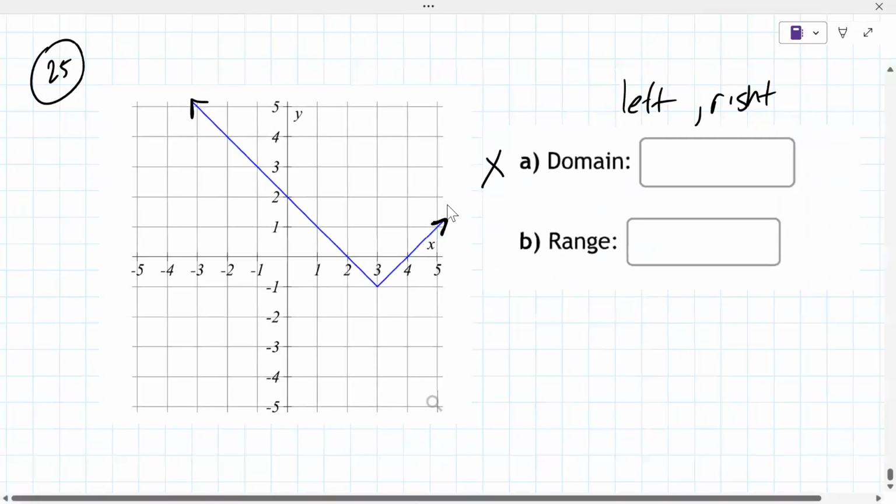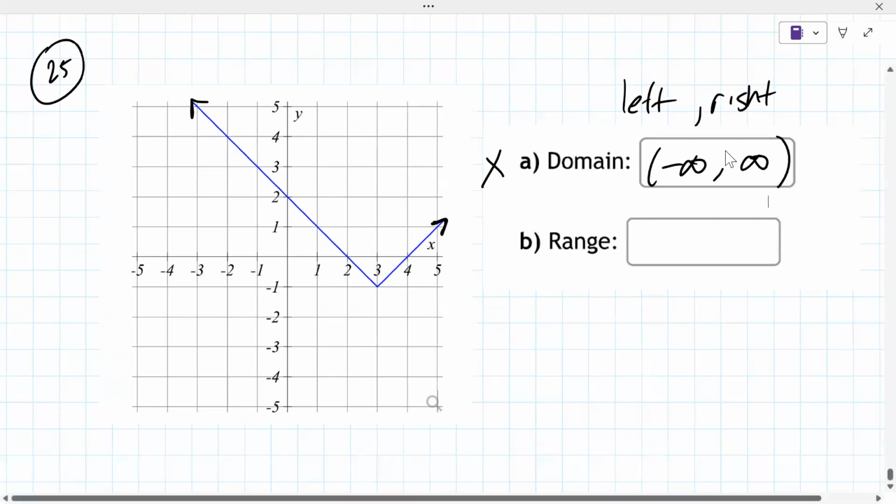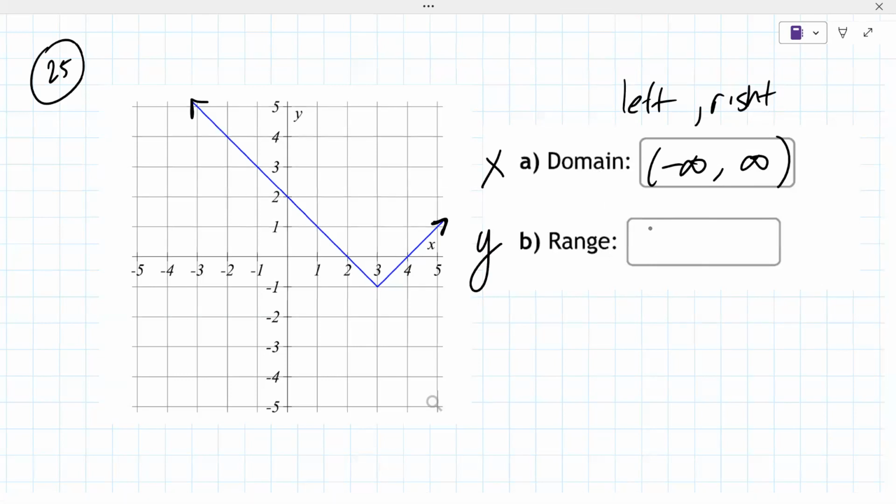It looks like it just goes up forever, but it's actually going to the right forever: minus infinity to infinity. And infinities always have parentheses with them. This is kind of your go-to on domain and range if you don't know what to do. Left to right.